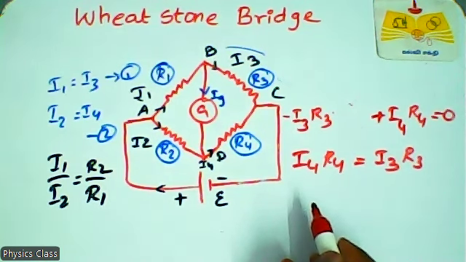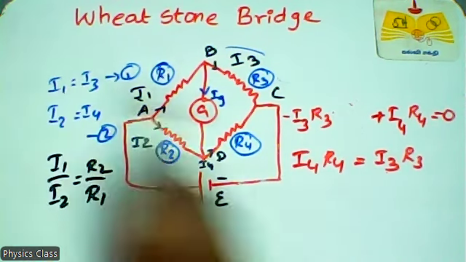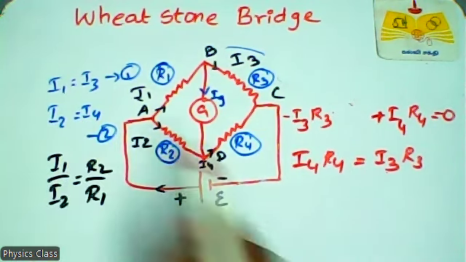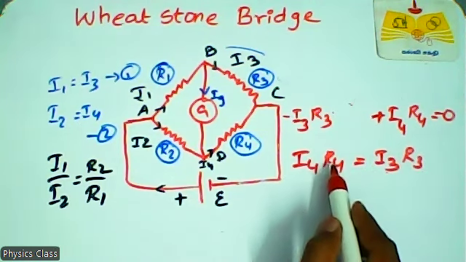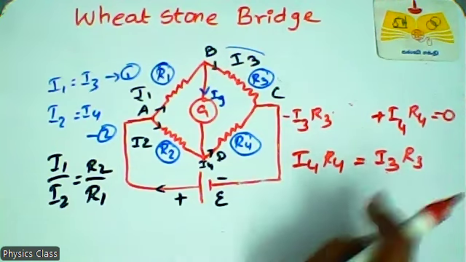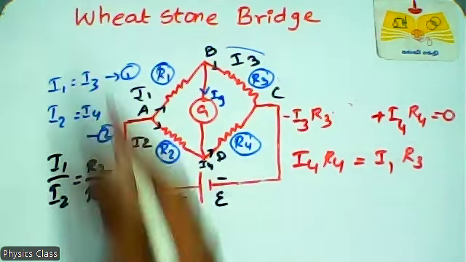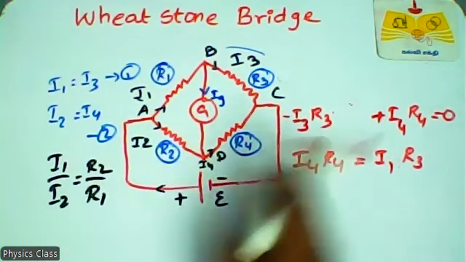Already we know that I3 is also I1 and I4 is also I2. In that equation, we can replace I3 with I1 by Kirchhoff's current rule, and I4 replaced by I2.